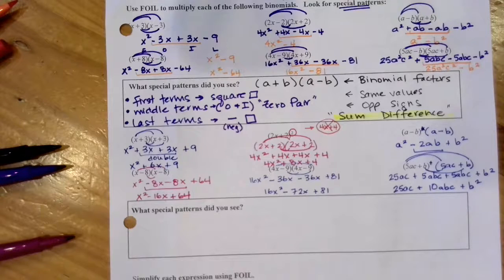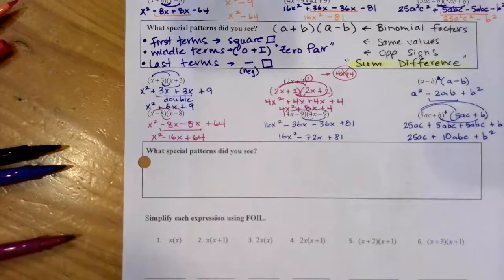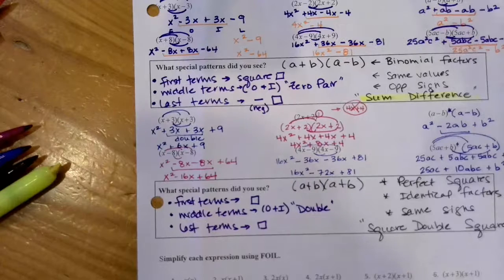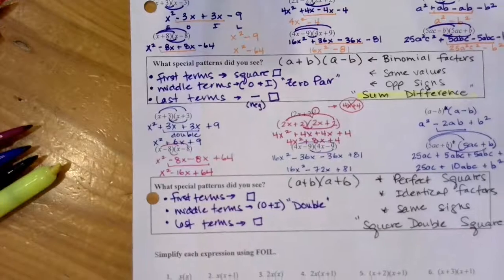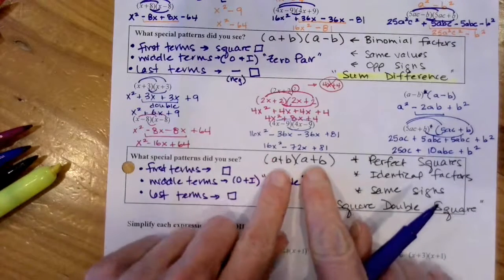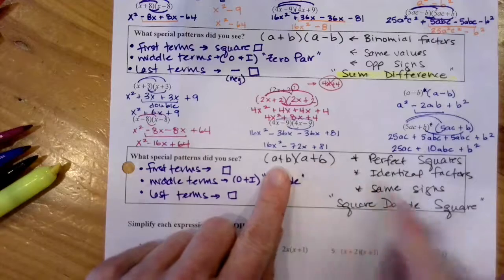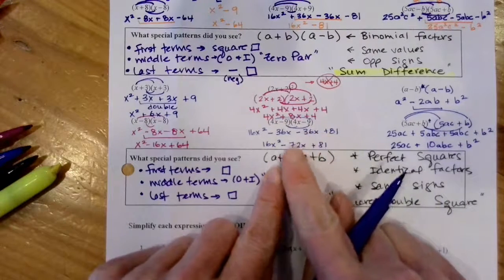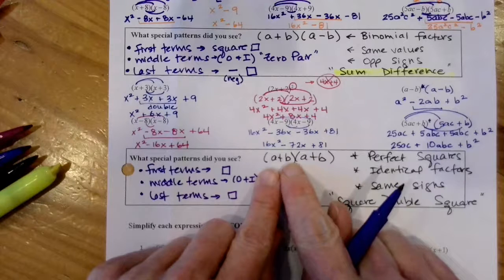All right, so take your time and go ahead and reflect on what special patterns you see and see if we match. Okay, so here's what I came up with. When I have two values that are identical, they are both matching A's and B's, and their signs are the same.